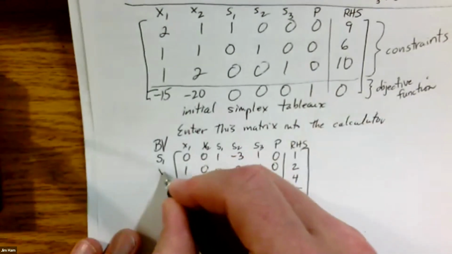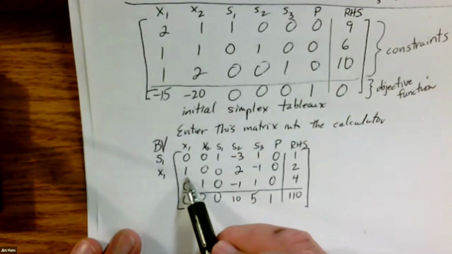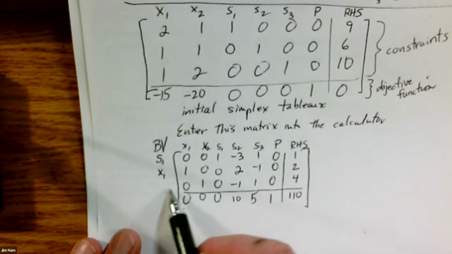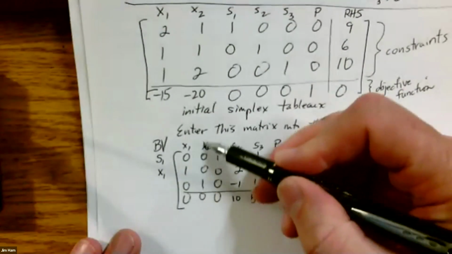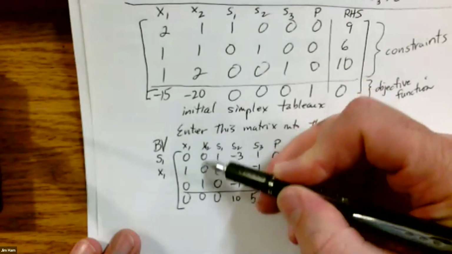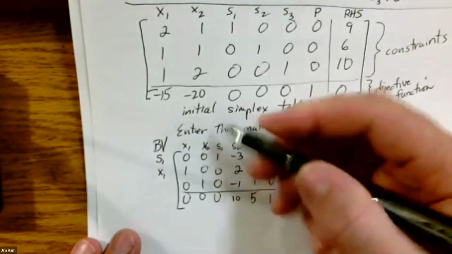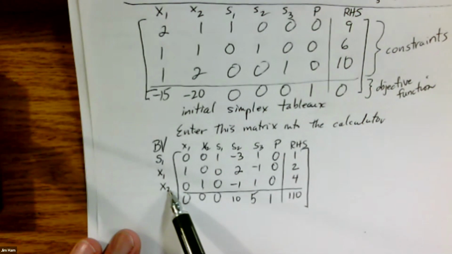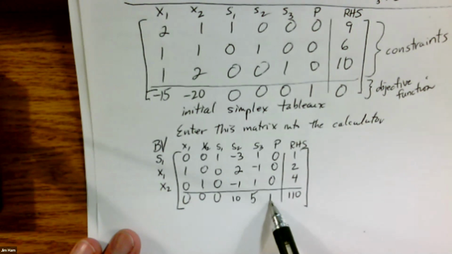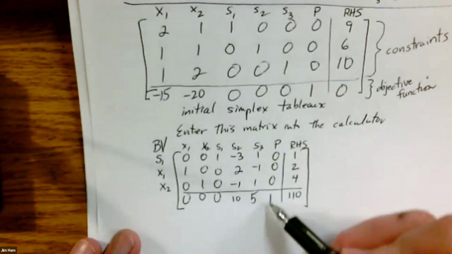So X1 is the basic variable of the second row. Go to the third row, you got a couple of 1s, but here's the 1 that has zeros everywhere else. And this row is titled X2, so X2 becomes the basic variable of the third row. And then for the fourth row, it's always going to be the objective function's value variable. So P.